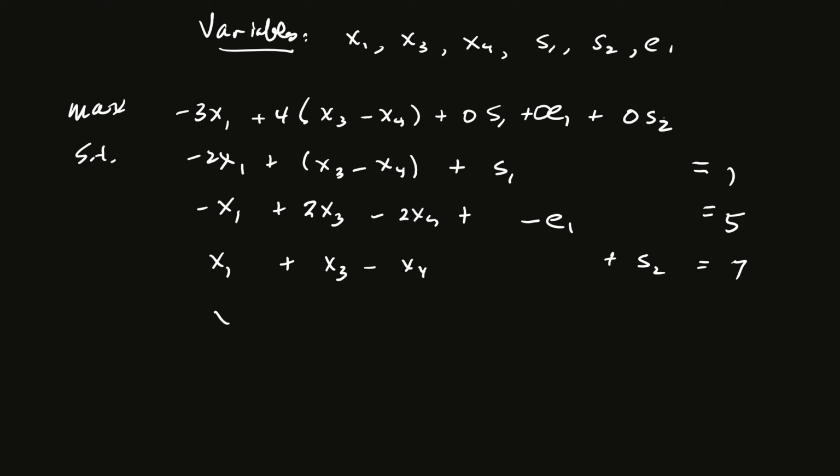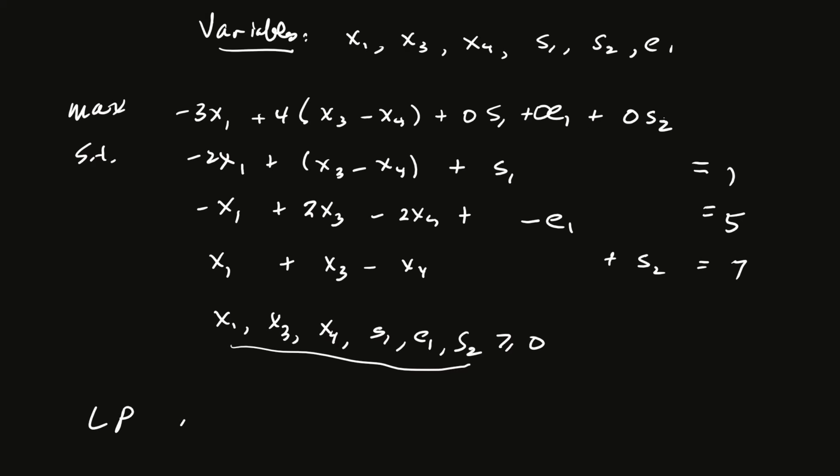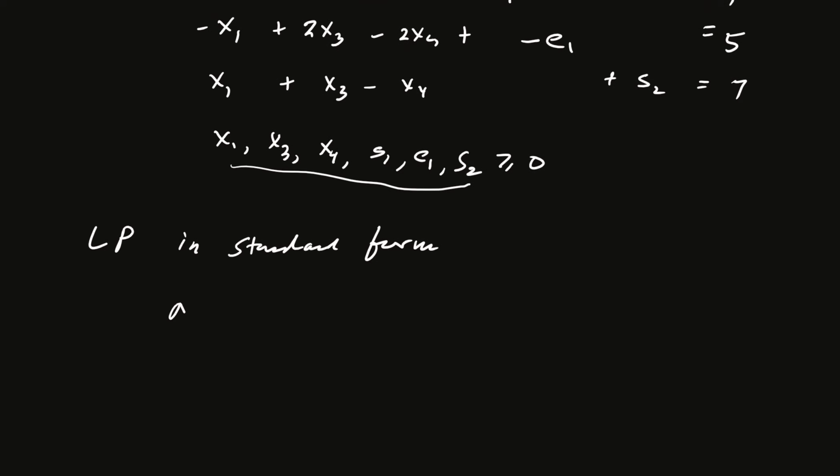Good. And now x1, x3, x4, s1, e1, s2 are greater than or equal to 0. And the idea here is that in the theory that we're going to talk about, when we talk about the LP in standard form, in the original problem our variable set x was in R2.